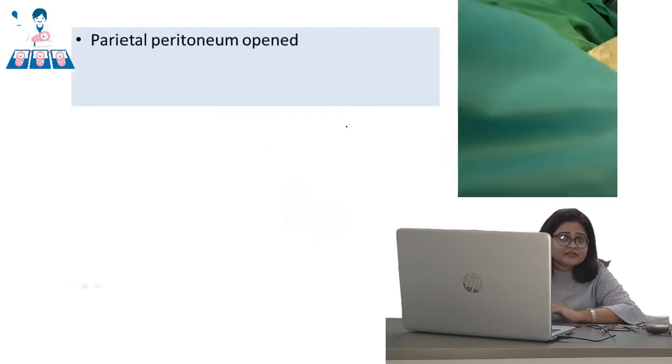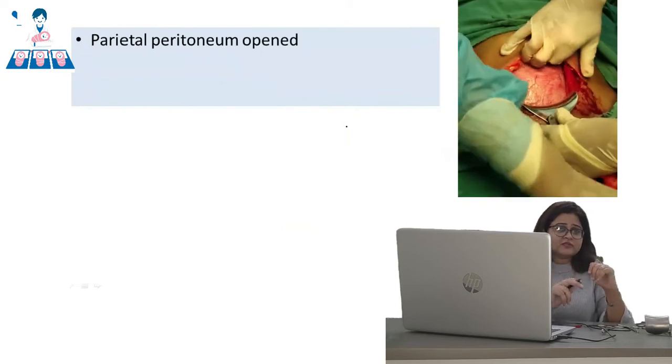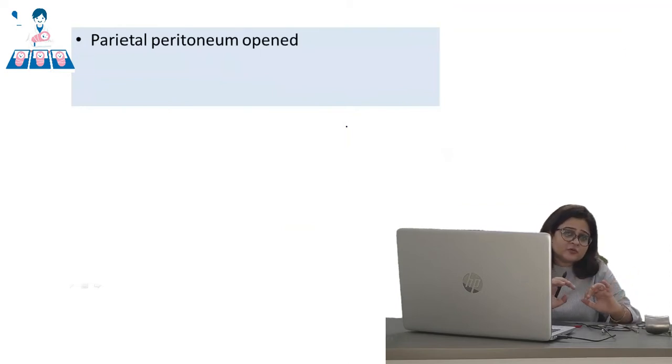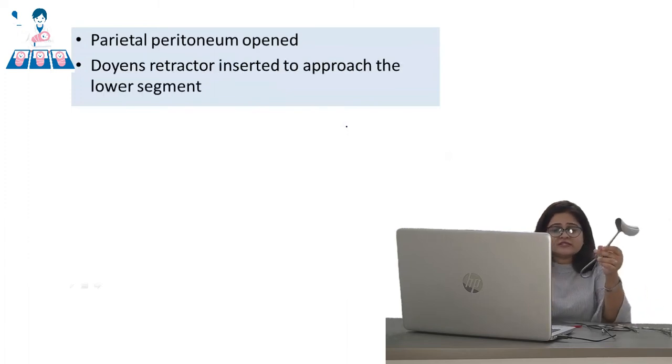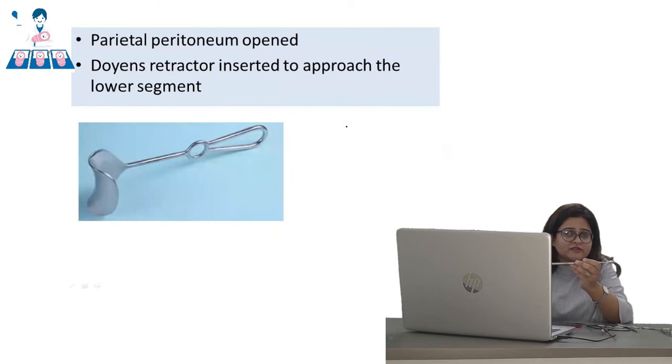Now we've entered the abdomen, we open the parietal peritoneum. We give a nick in the peritoneum, as you can see, and the parietal peritoneum is opened up. Once it is opened up, we introduce this instrument. This is a Doyen's retractor, and this has also come several times in the exams to identify this instrument.